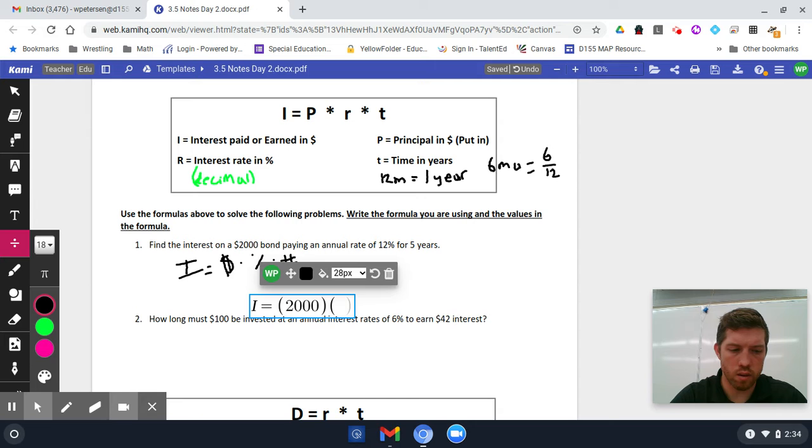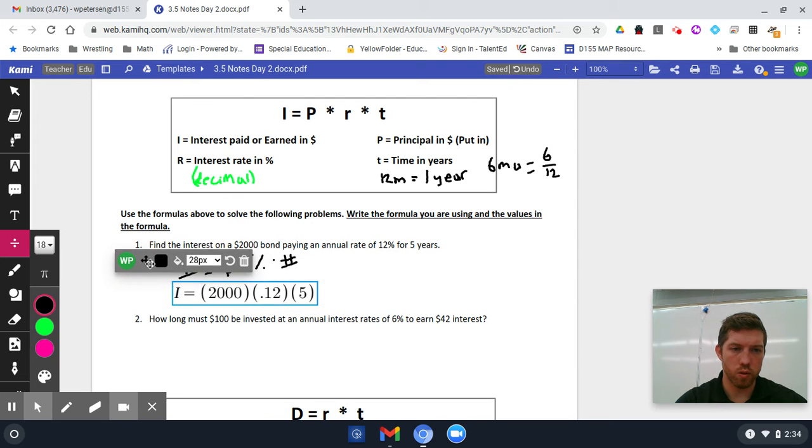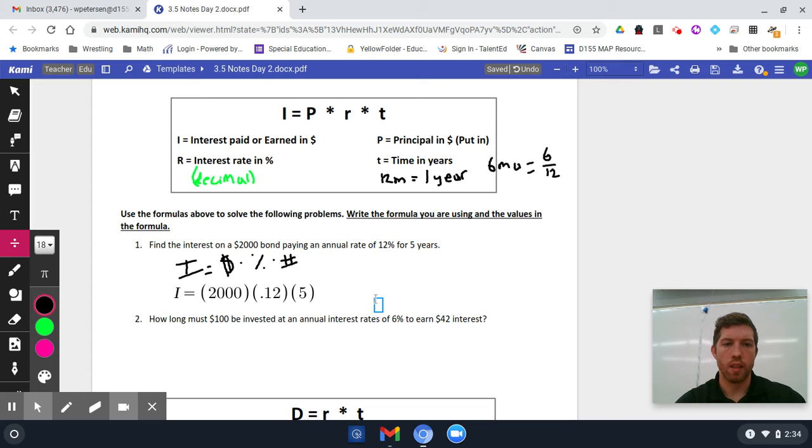All right, so rate is going to be 0.12 because we need to divide the percent by 100 in order to change it to a decimal, and then we're going to multiply it by 5. All right, so that is actually what our formula looks like. And as long as we can identify those three things and plug it into the calculator, that's going to be good by us. So we're going to go ahead and take the 2,000 times 0.12 times 5.